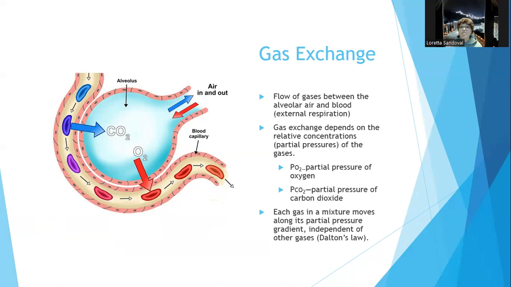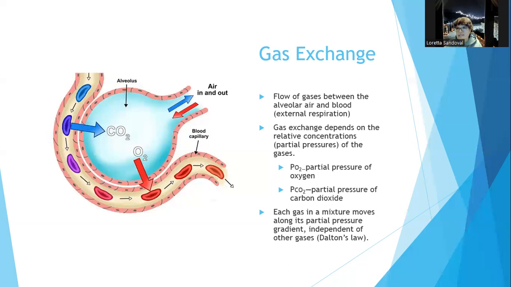So gas exchange depends on the relative concentrations or partial pressures of the gases. So PO2 is partial pressure of oxygen, PCO2 is partial pressure of carbon dioxide. Each gas in a mixture moves along its partial pressure gradient, independent of the other gases. So it's not like, oh, well, there's high oxygen and low CO2, and each one is paying attention.